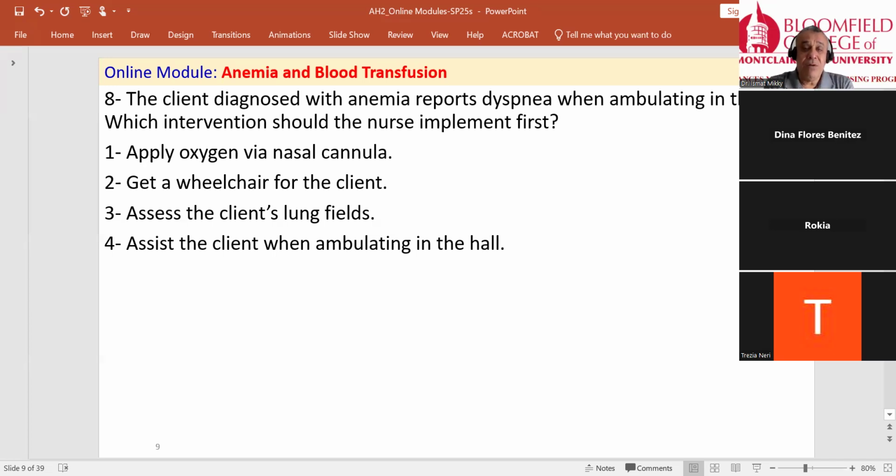The dyspnea resulted from ambulating. So what if during the ambulation we offer the patient a wheelchair to sit? It's for a short time, not something chronic or lifelong, but something during the exertion. So we can offer a wheelchair to limit the exertion.